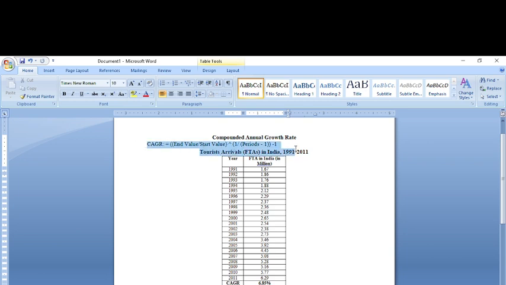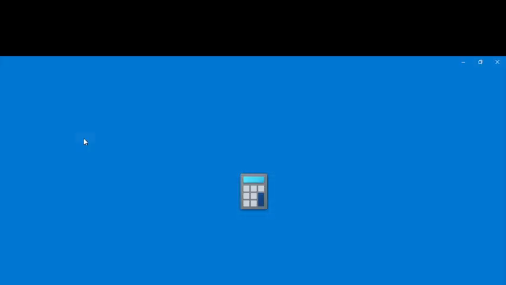In this case, I'll show you how to apply this formula. So simply for CAGR, as you can see, end value, and I will open my calculator here so that I can manually calculate it for you. So this is my calculator.